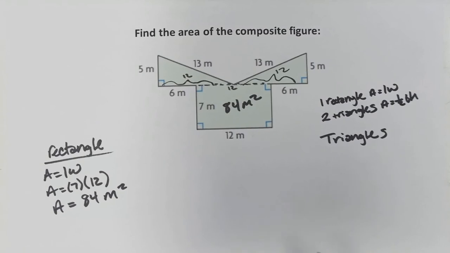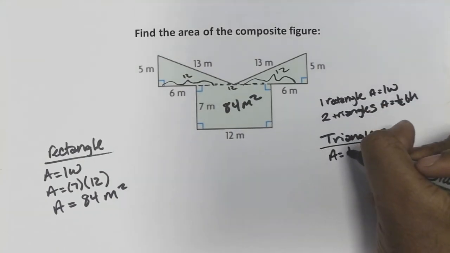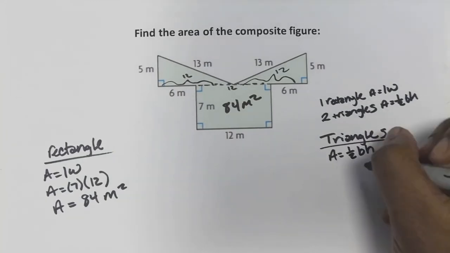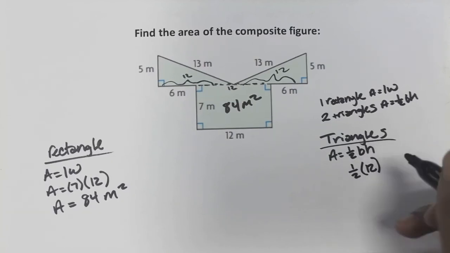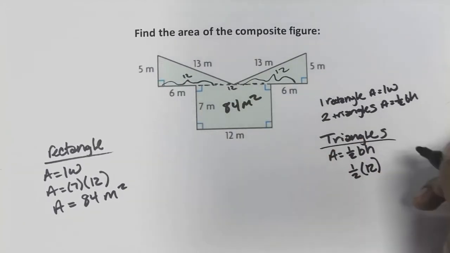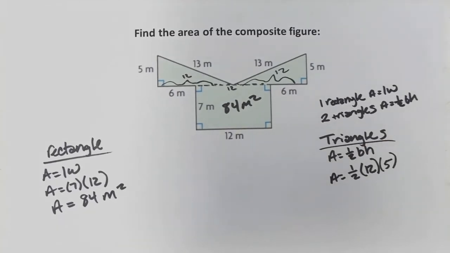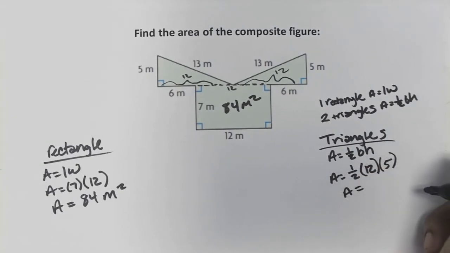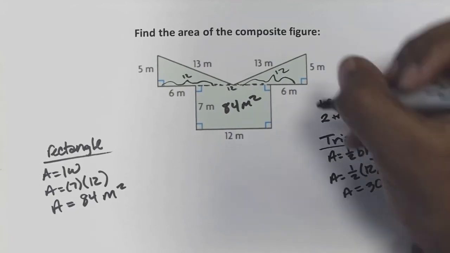So in my formula, area equals 1/2 the base times the height, I know that my base of my triangle is 12. The height of my triangle is 5. So now I can multiply. When we multiply this together, that's going to give me an area of 30 meters squared. Good job. So I'm going to write that here.